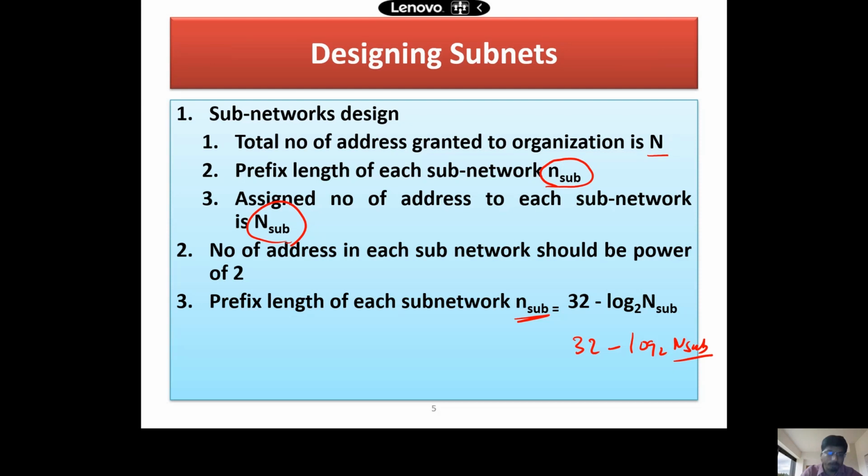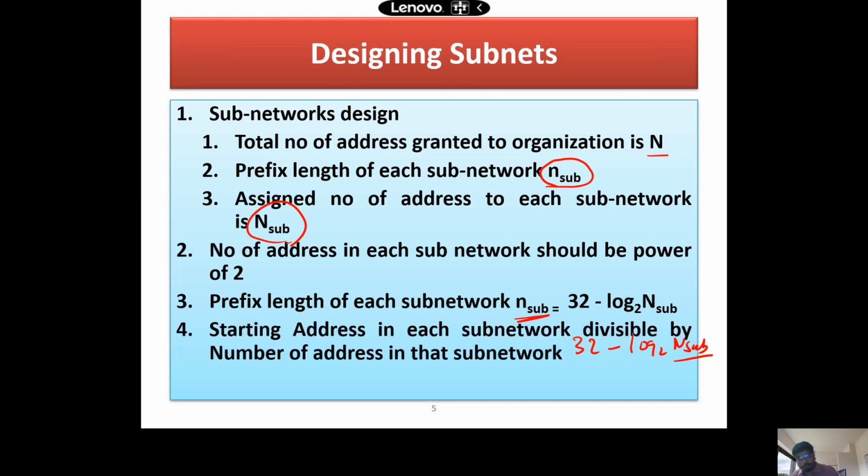For that you need to come up with your prefix length. And always the first address should be divisible by the number of addresses in that subblock. If you're doing it contiguously, we don't need to really worry about this. This will stay true if you are doing contiguous allocation.